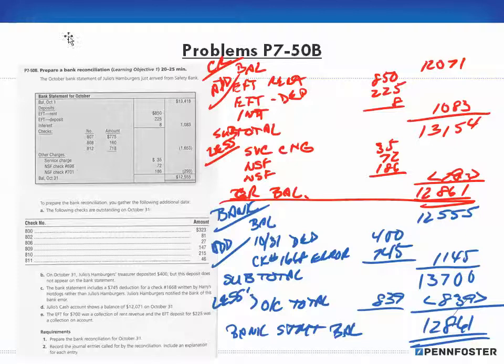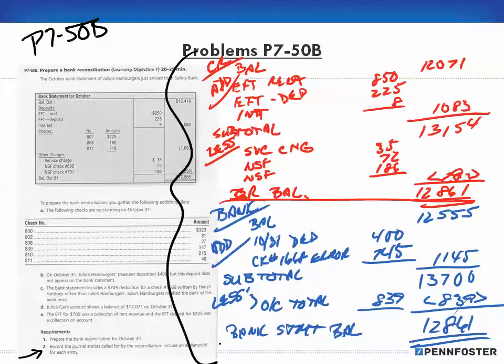I didn't realize, or I just forgot. What ended up happening is I worked out, as you can see on the screen, problem 7-50B, and I failed to realize that I have to record the journal entries called for by the reconciliation. So I had stopped the video after doing everything that you see here.